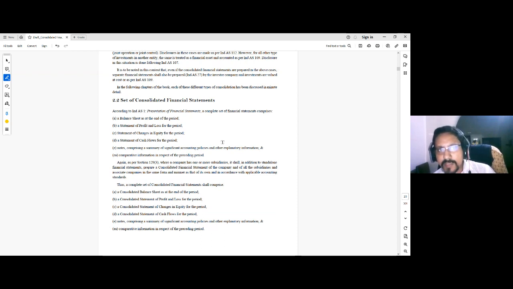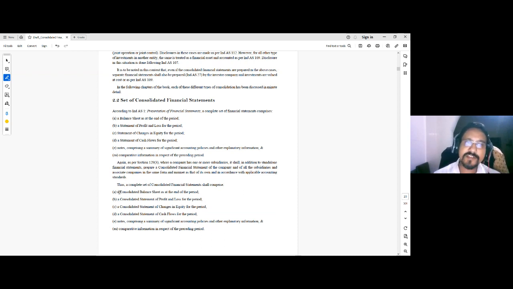When we are preparing consolidated financial statements, all these statements will be prepared based on the principle of consolidation. Accordingly, the statements to be prepared will be, first of all, a consolidated balance sheet as at the end of the period, a consolidated statement of profit and loss, a consolidated statement of changes in equity, a consolidated statement of cash flows, and all related notes and comparative information should also be there under the set of consolidated financial statements.